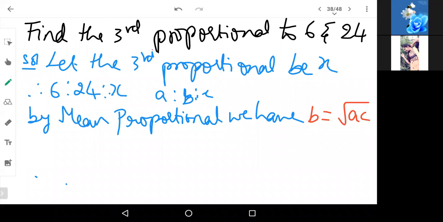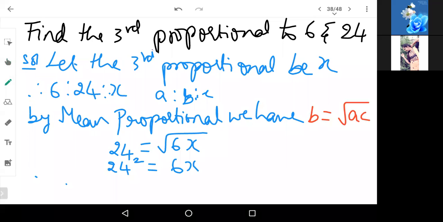So a is 6, b is 24, c is x. So b, 24, is equal to square root of a, 6, c, x. If you take the square root to the other side, it becomes 24 square is equal to 6x. 24 square is 576, so 576 is equal to 6x.